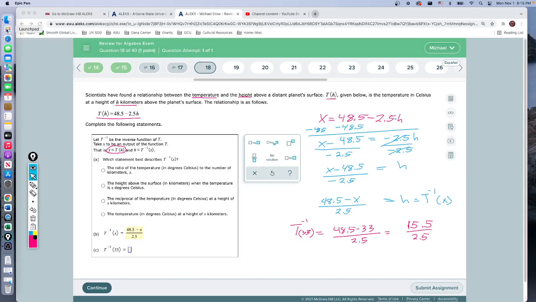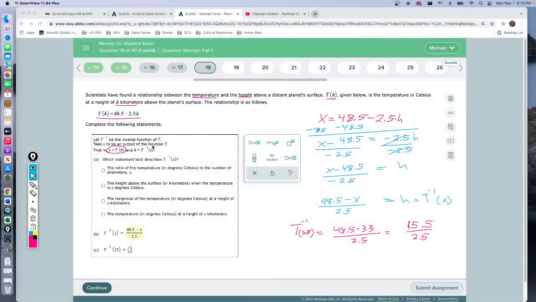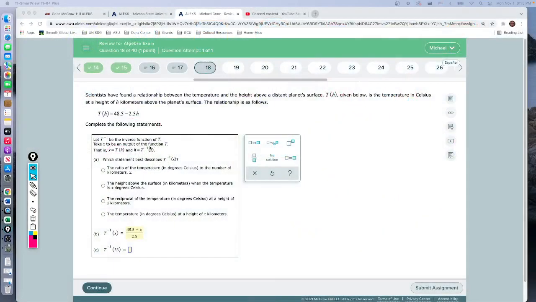I think I've got a calculator here somewhere. I don't know if it works. Let's find out. I guess it doesn't. I think my subscription ran out or something.